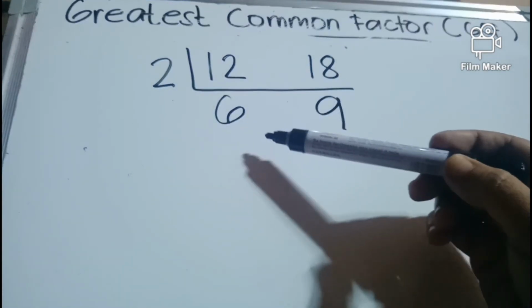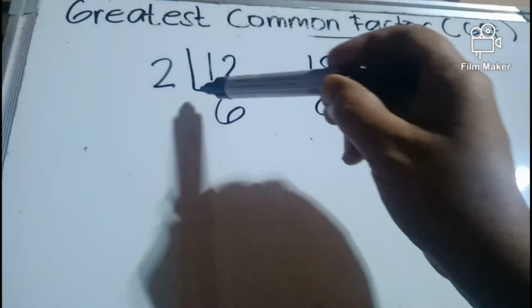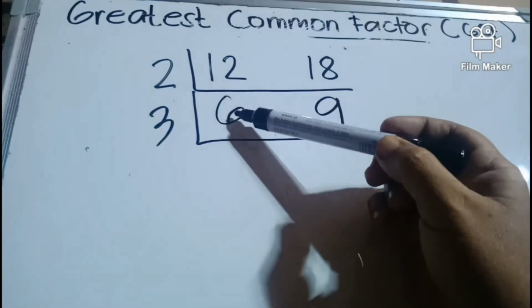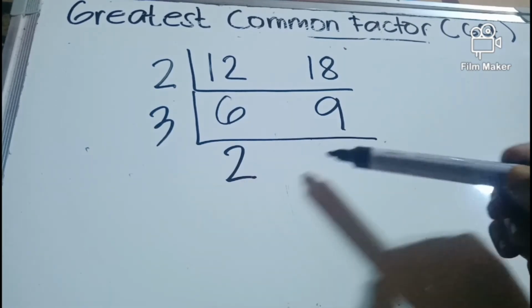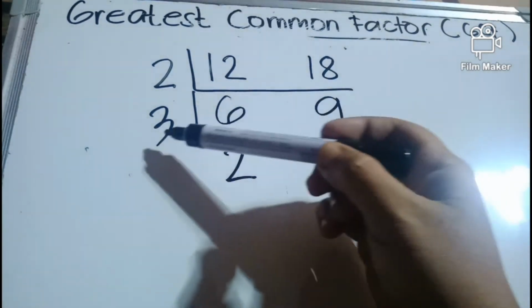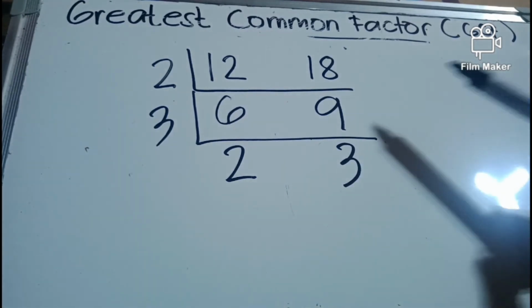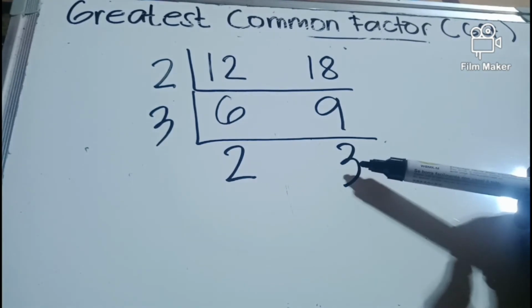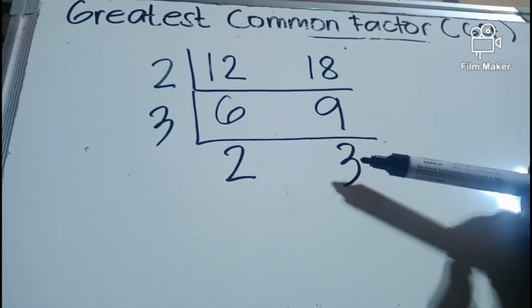Then, mag-isip naman tayo ng prime number na pwedeng ma-divide sa 6 at 9. So, we have here 3. 6 divided by 3 is 2. 9 divided by 3 is 3. So, we now have 2 and 3. Since 2 and 3 is already a prime number, so hindi na tayo pwedeng magpatuloy.